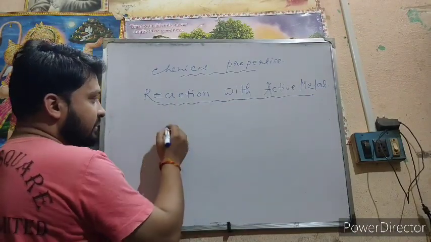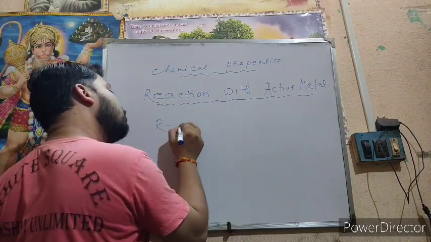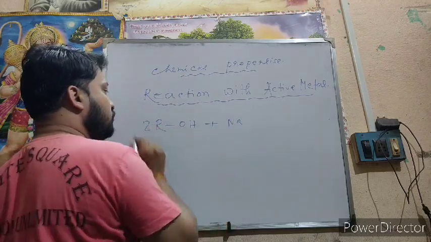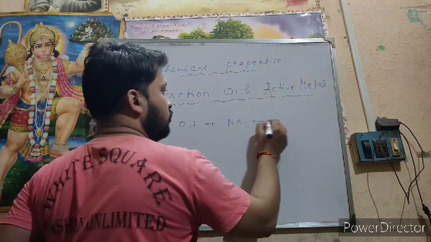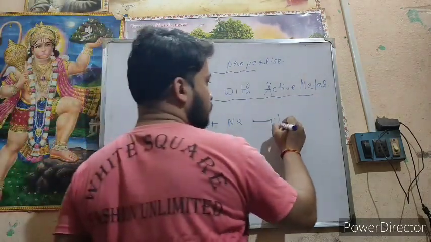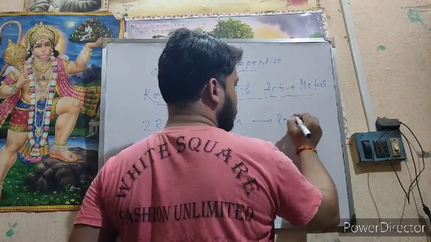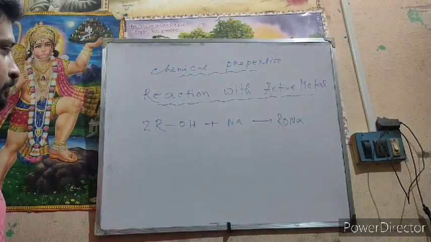If you react this alcohol with an active metal, that is, if you use ROH with sodium, you take 2 ROH. That's why you get RONa, sodium alkoxide, RONa.